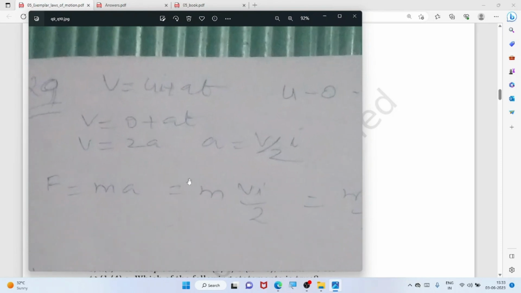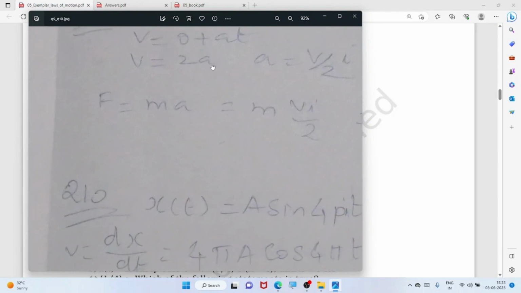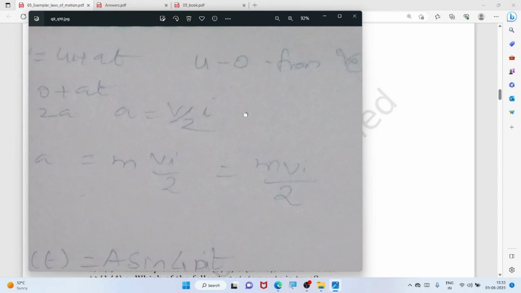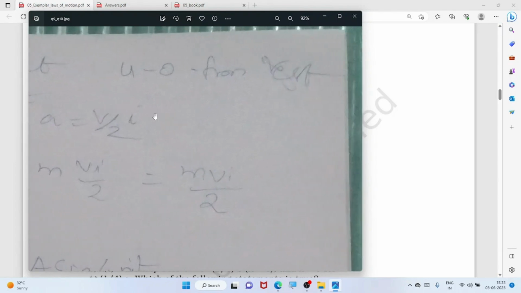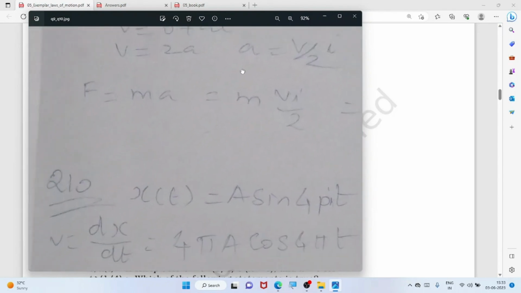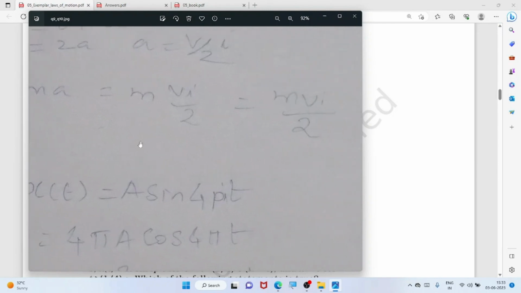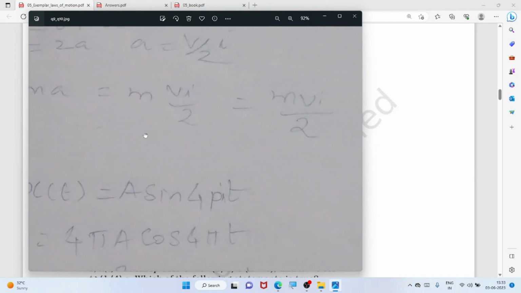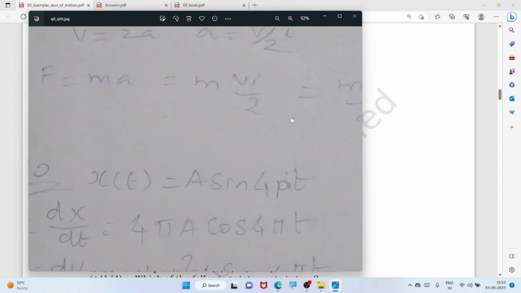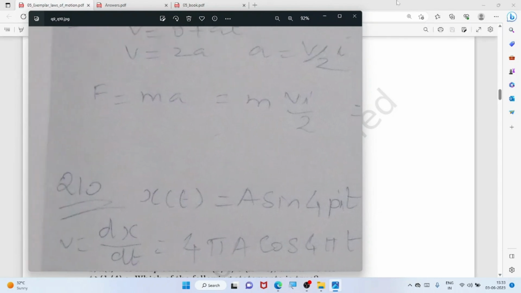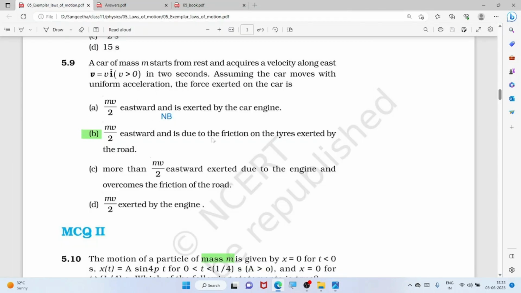Okay, here also we are using this same formula. So here we are finding the acceleration. From the acceleration we are finding the force.